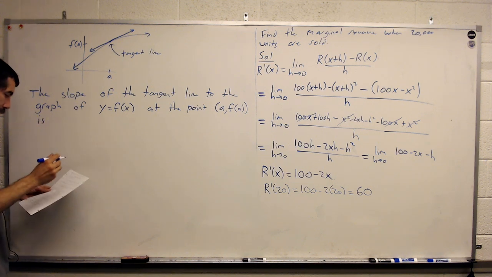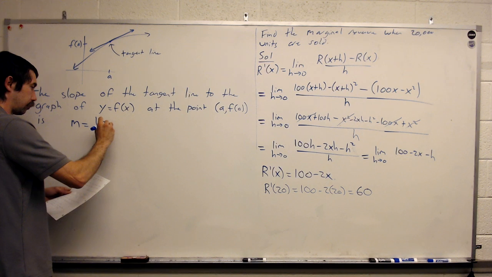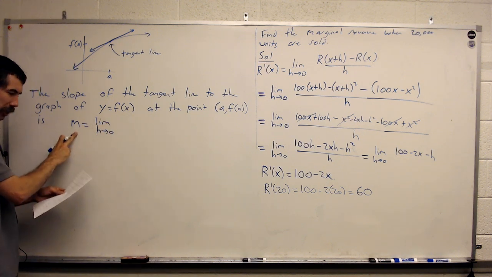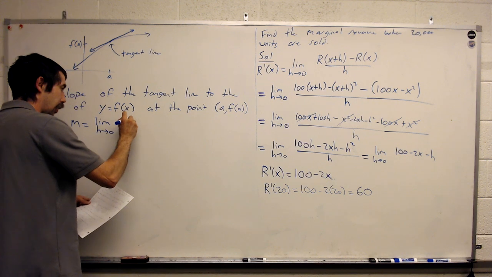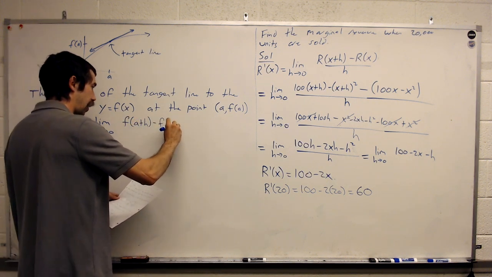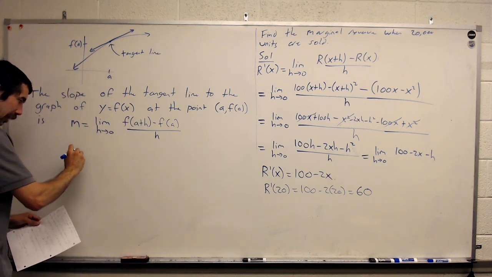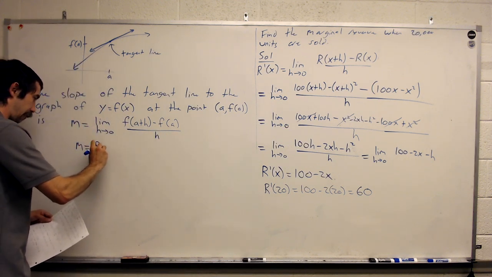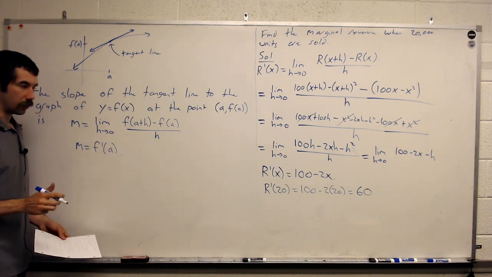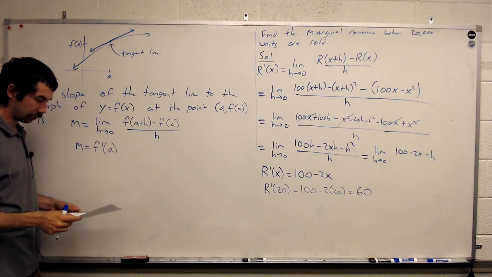Is given by m equals the limit as h goes to 0. Right, m is our slope. Our slope is equal to the limit as h goes to 0 of f of a plus h minus f of a all over h. Another way to say that is m equals f prime of a. The derivative gives the slope of the tangent line.